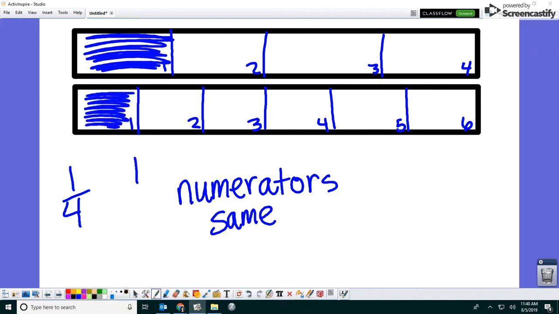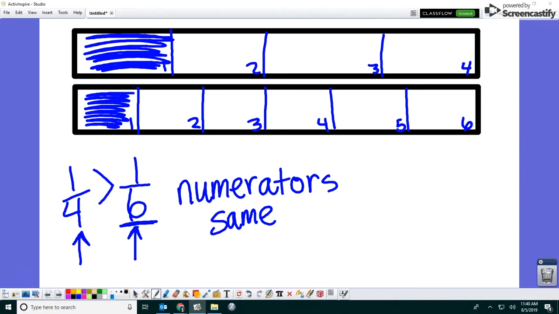So if we have 1/6 and 1/4, you have 1 piece out of each whole, so you just have to think about the size of those denominators, and the larger number means smaller pieces, so 1/4 is greater than 1/6.